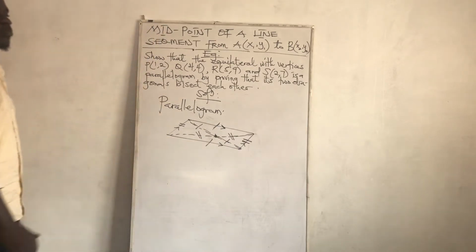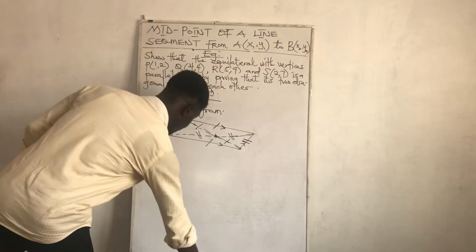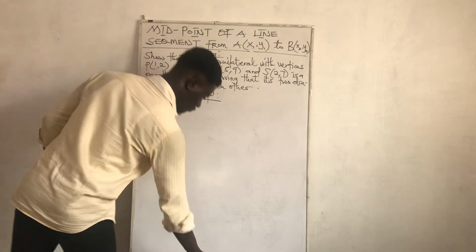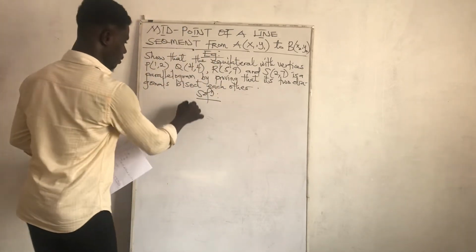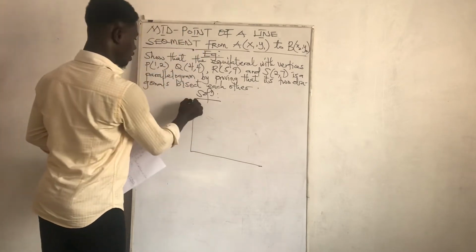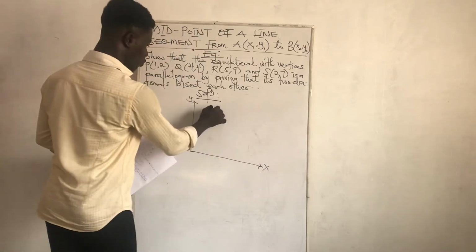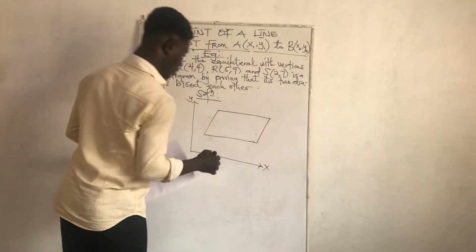So how do we prove? Let's start by proving and let's see. Let's draw a small sketch. So the y-axis, then my x-axis. So we have something like that.